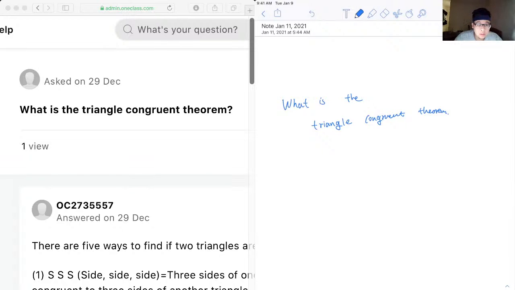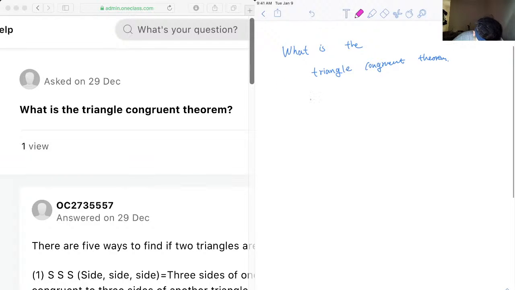Okay, so there are actually 5 ways to check if two triangles are congruent.